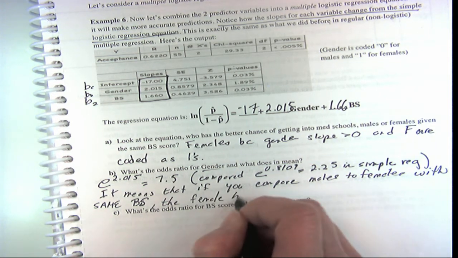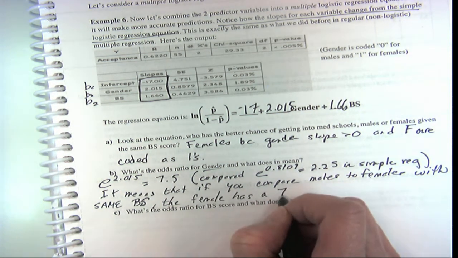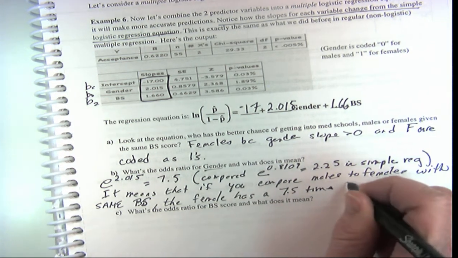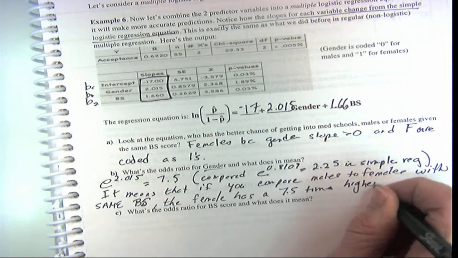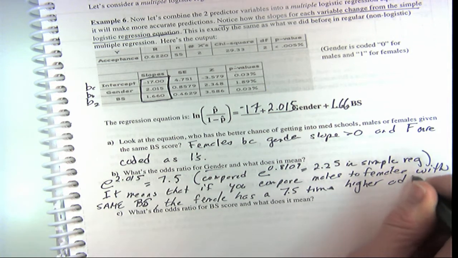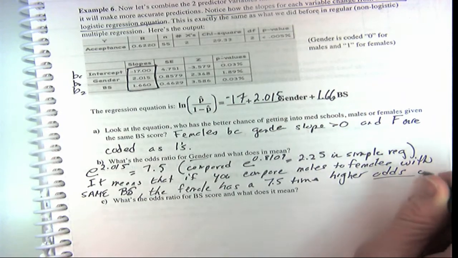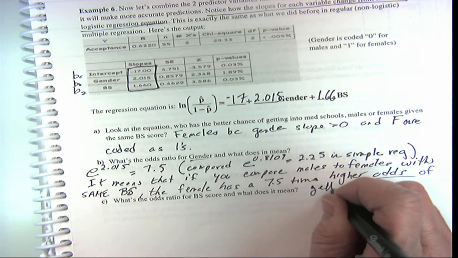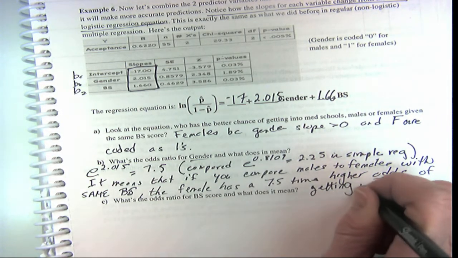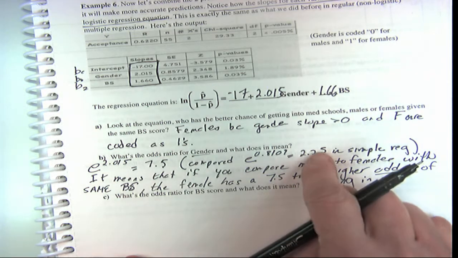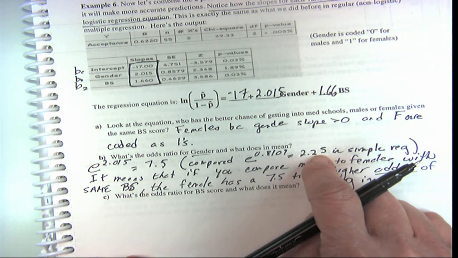The female has 7.5 times higher chance of getting in than the guy. Odds, not chance, higher odds of getting in than the males with the same score, compared to 2.25 before.